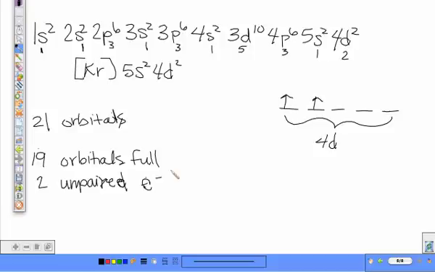How many unpaired electrons are there in zirconium? How many empty orbitals are there? There's 3 empty orbitals. Good.